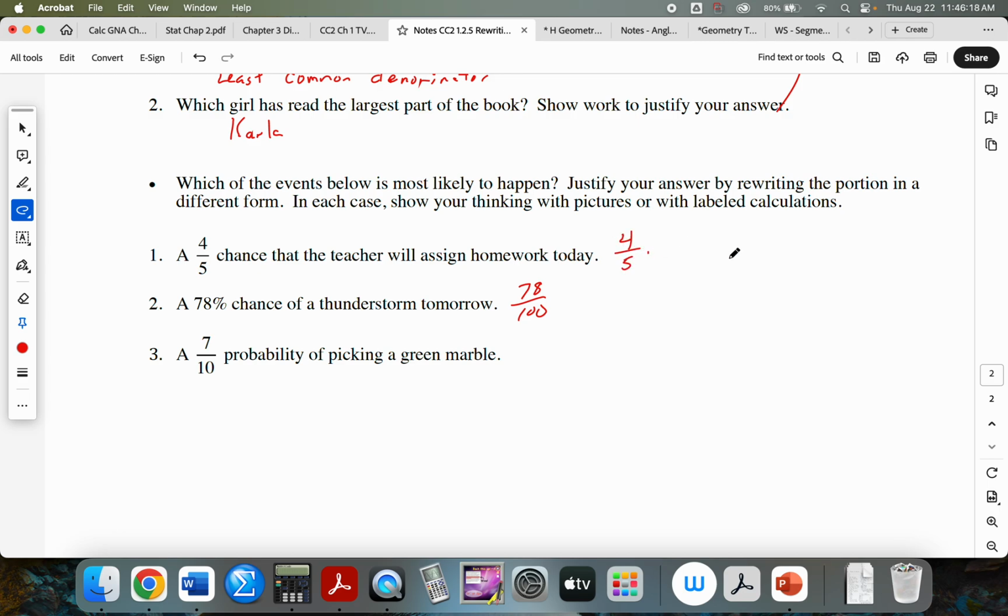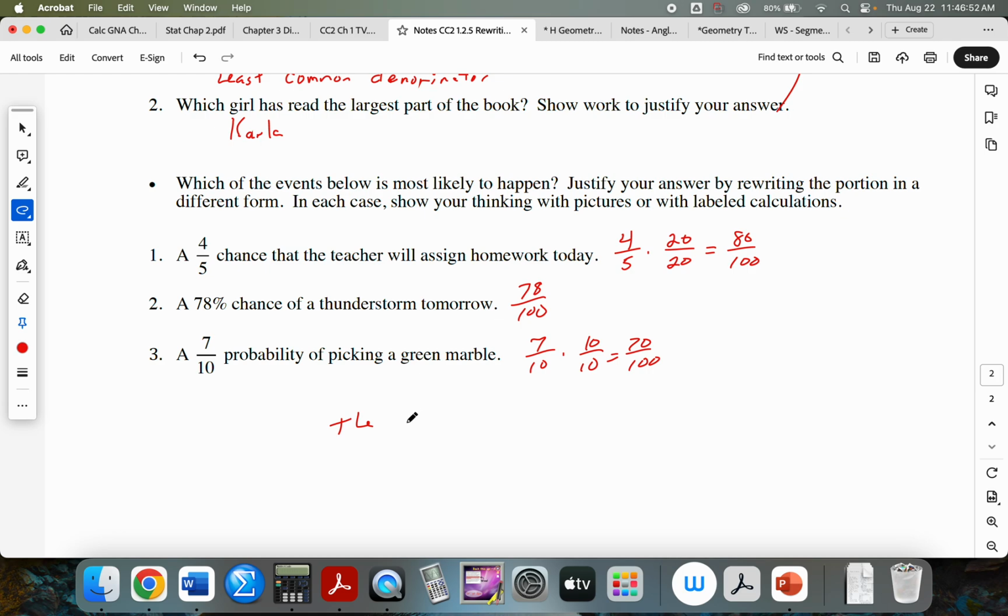What form of 1 do I need to multiply by? 20 over 20. Yeah, and let's say 20 over 20, not just times 20. So that's 80 over 100. And then a 7/10 probability of picking a green marble. What form of 1? 10 over 10. So that's 70 over 100. So which of the events is most likely to happen?